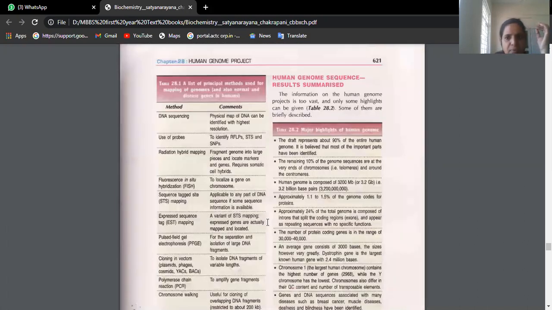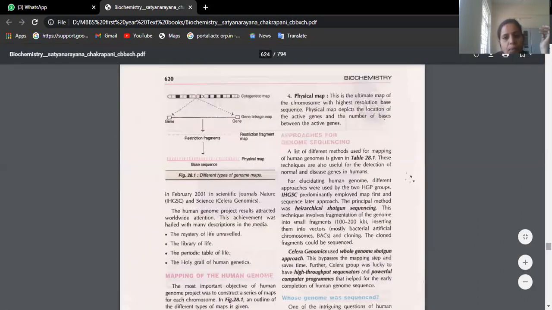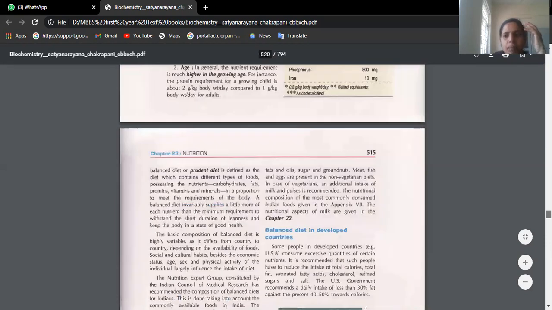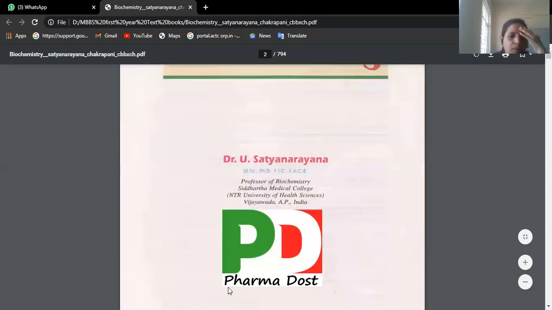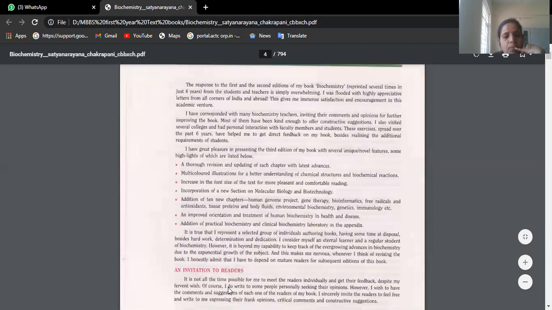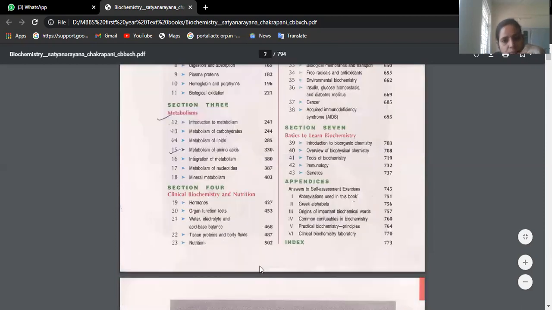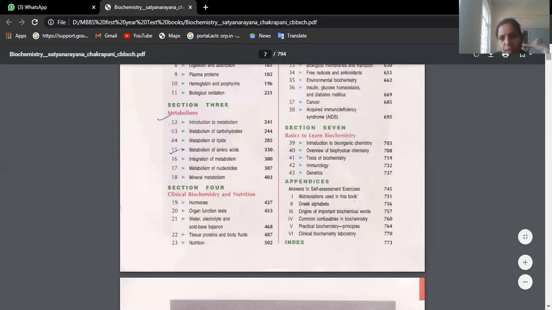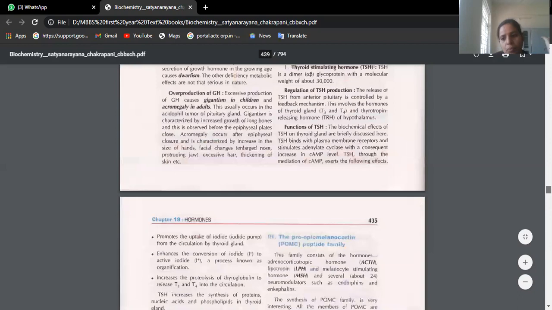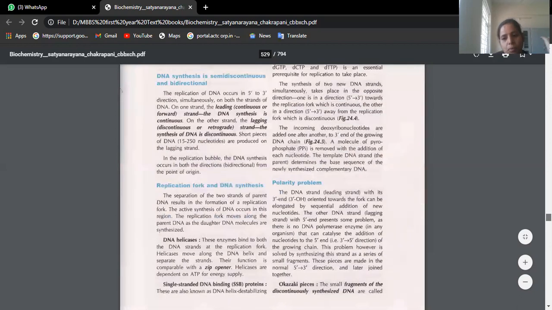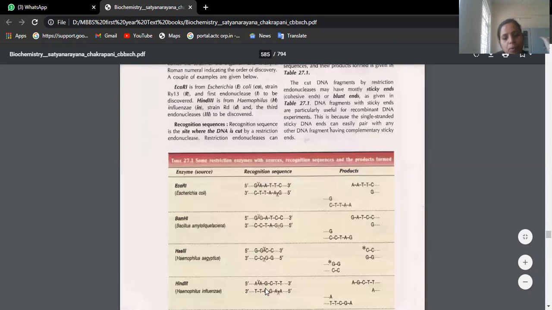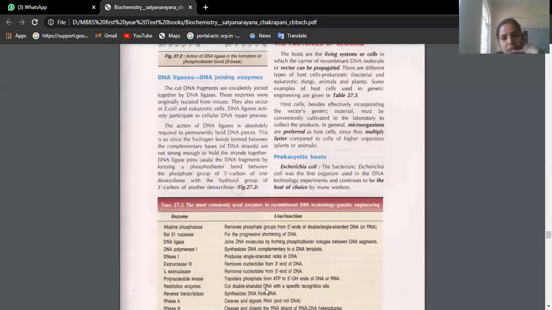What is the importance of tumor markers? It increases in the blood, in that particular type of cancer, isn't it? Yes, ma'am. We'll see the table once.